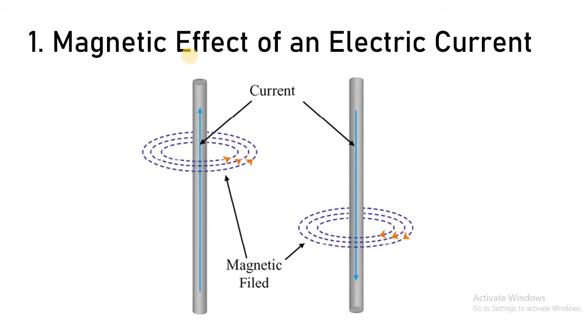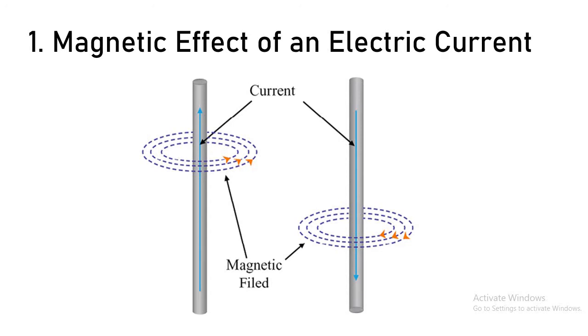So when the current flows in upward direction in the first bar, this current has established a magnetic field around that conductor, and this magnetic field is shown in the form of concentric circles with the three dotted lines around it, and the direction of this magnetic field is anticlockwise. This anticlockwise direction of magnetic field is due to the upward current which is flowing through that particular long straight conductor.